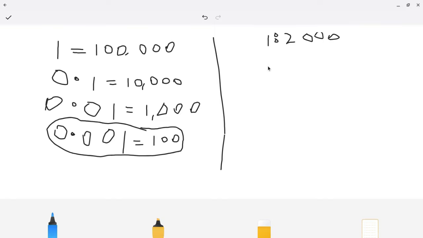Now, we also have 1 ratio 1000. All these are called leverage. I'm going to explain it. And we have 1 ratio 500.